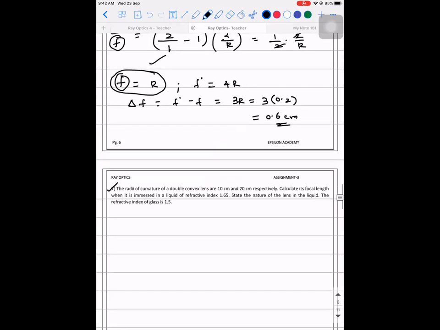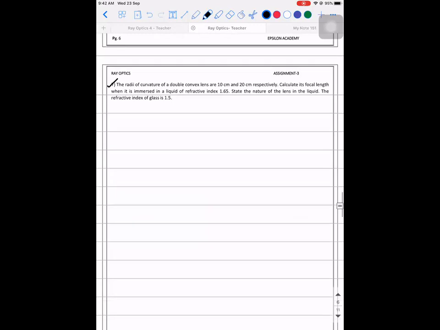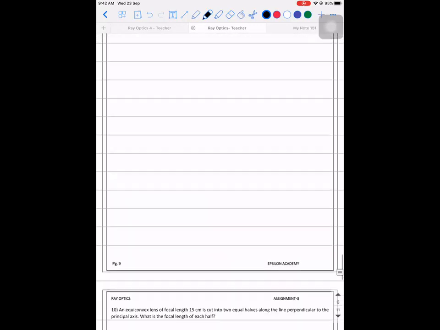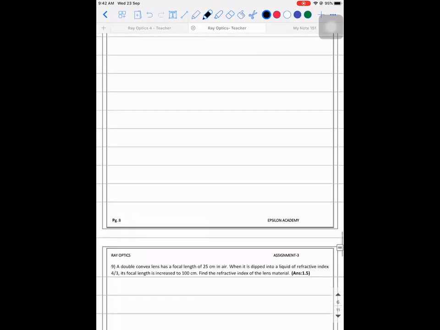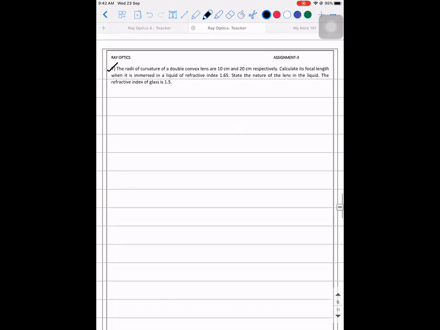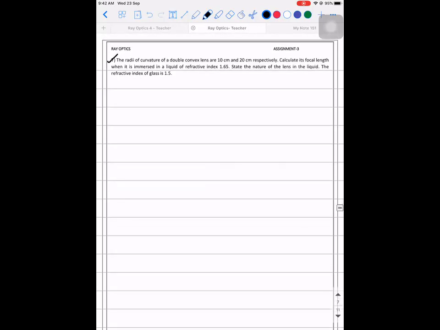See, I'll do one last problem, then we'll go to the next concept. I think the remaining four problems are there that you can try and come up with doubts. Seventh one: the radii of curvature of a double convex lens are 10 centimeter and 20 centimeter respectively. Calculate its focal length when it is immersed in a liquid of refractive index 1.65.